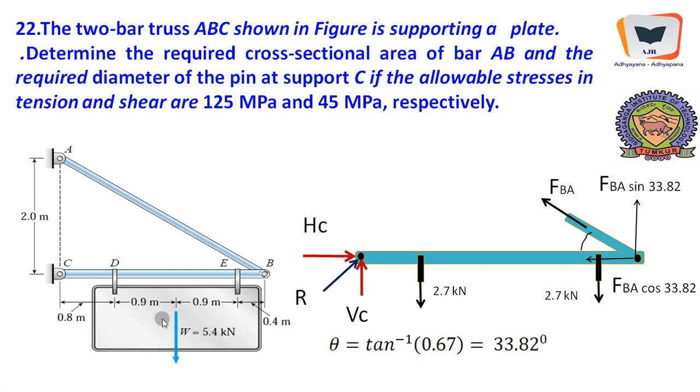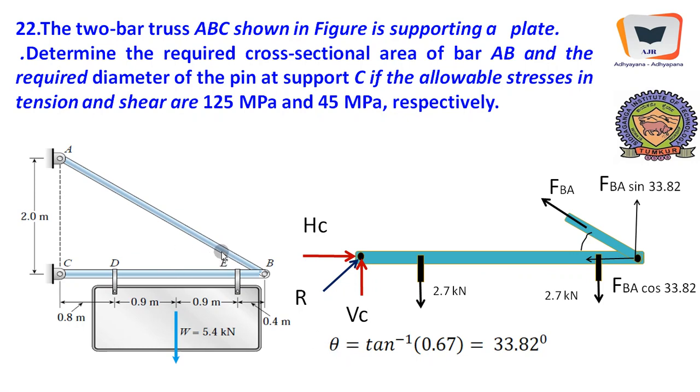It is symmetrical, therefore this link is experiencing 2.7, that is 5.4 divided by 2, and this link is also experiencing 2.7. So now this entire board can be taken out, and we will write the free body diagram of this particular bar, and here there is a tension which goes along the axis of this particular bar, and we can calculate the angle.